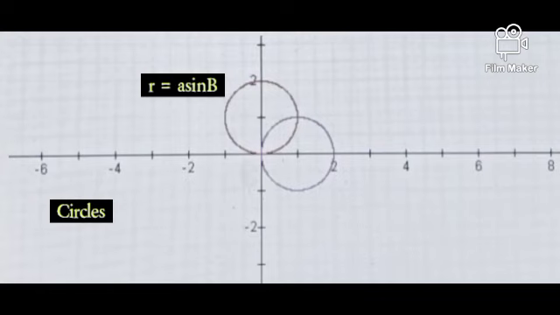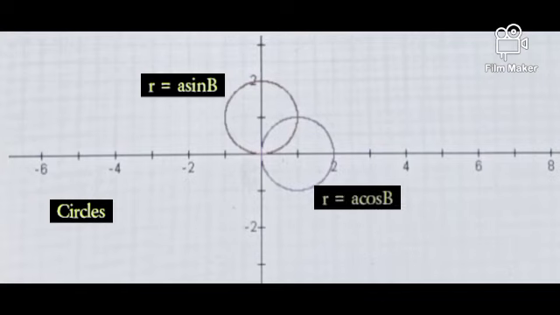So in general, for a polar equation of the form r equals a sine b, the graph is a circle passing through the origin and symmetric with the y-axis or vertical axis, and the diameter of the circle with polar equation r equals a sine b is equal to a.